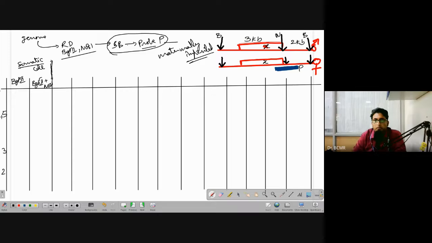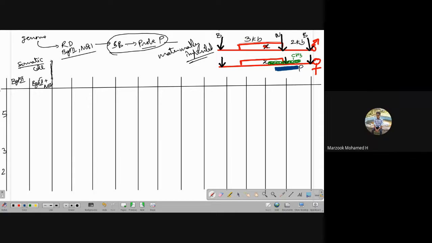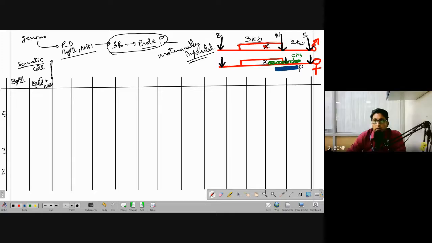Maternally imprinted would mean that this allele here, say for example, is methylated. The green one that I'm showing is the methylation. So what band sizes would we expect? Anybody? 5 kb, sir. Yes, please. 5 kb, how would you get that? From where would you get that?